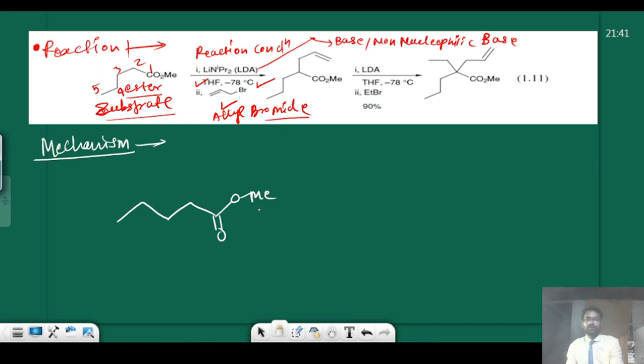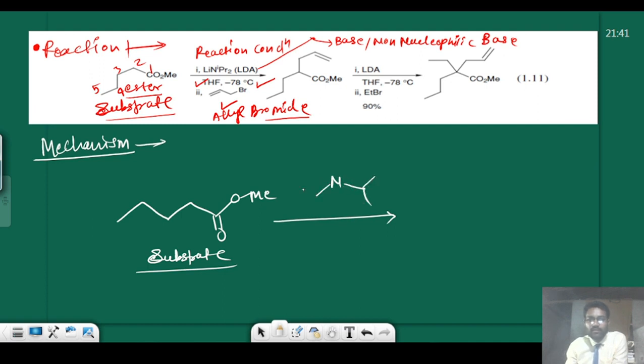So this substrate is treated with lithium diisopropyl amide, a non-nucleophilic base.